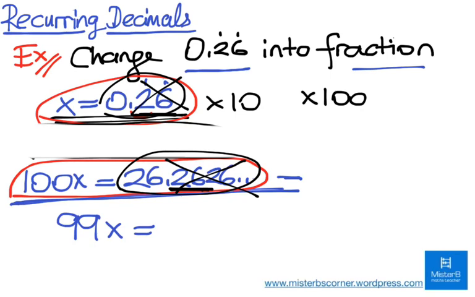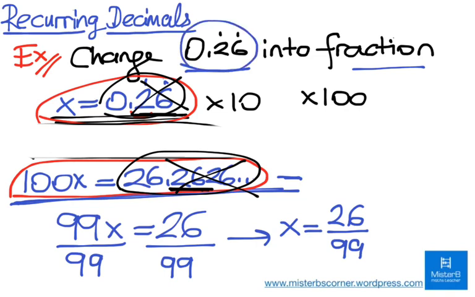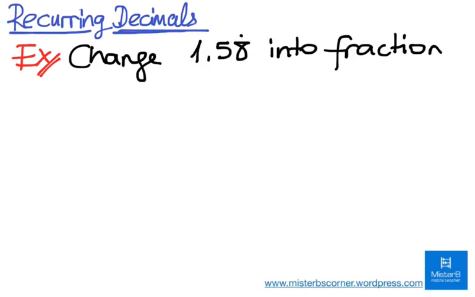So it's 26 minus 0, which will be 26. After that it's easy, it's just solving a basic linear equation. I divide both sides by 99 to leave x alone, so x, the fraction I assumed to exist, will be 26 over 99. So this is how I can convert a recurring decimal to a fraction.